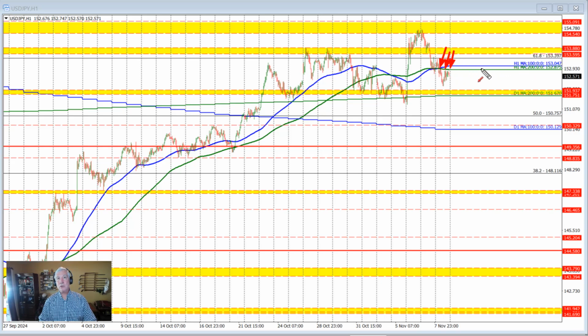So in the short term, we could say that we use the 100 and 200 hour moving averages as a short-term ceiling. If we stay below that level, then we have the go-ahead to push down toward our 200-day moving average, 50% retracement, and 100-day moving average on the downside. If we move above it, then it technically puts the bias more to the upside for the dollar versus yen.